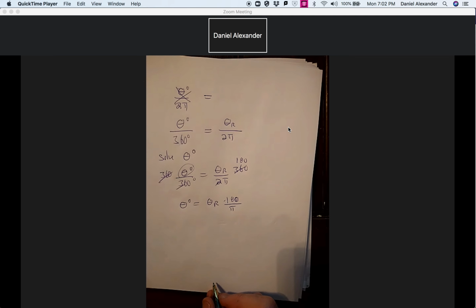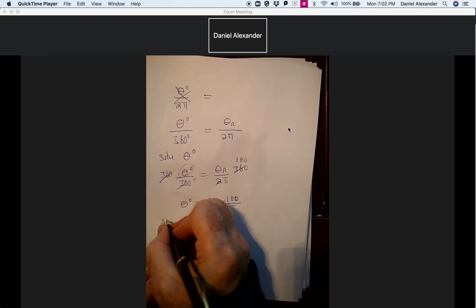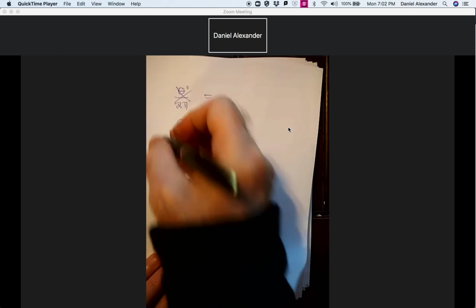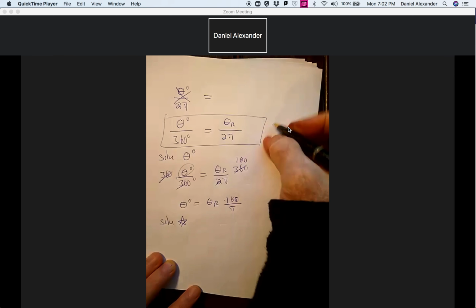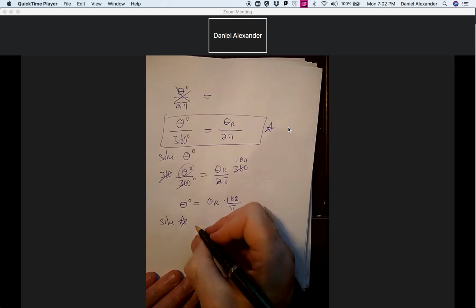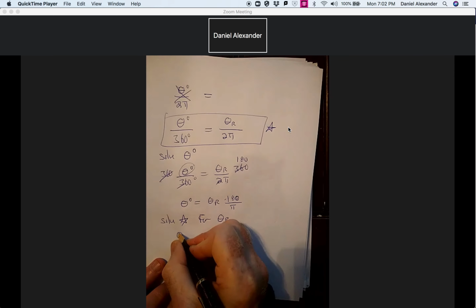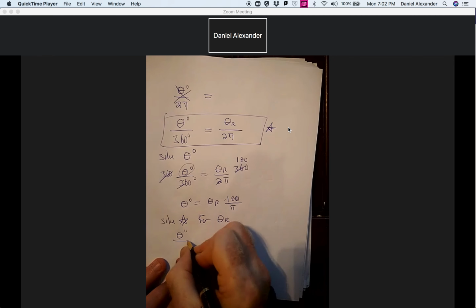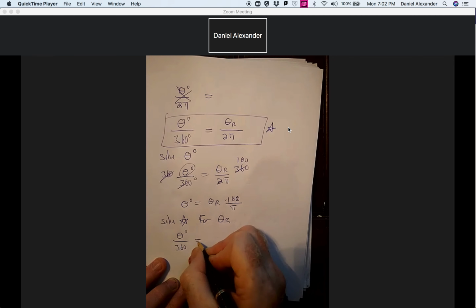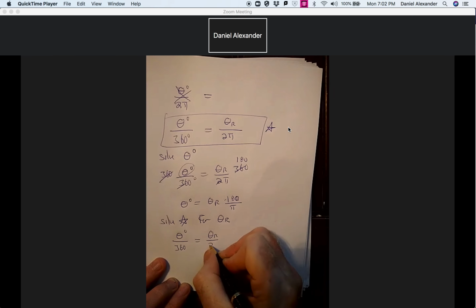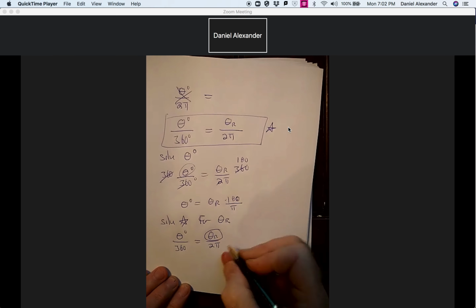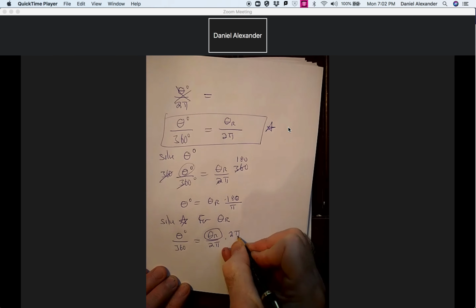Now I'm going to call this star because it's really important. I'm going to solve star for theta radians, so it's the same idea. Start with the proportion. I want to solve for that, so I have to multiply both sides by 2 pi.